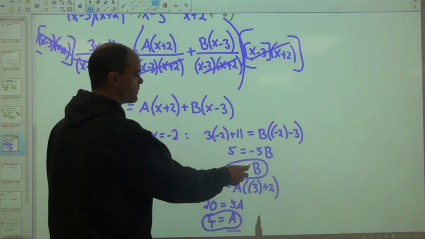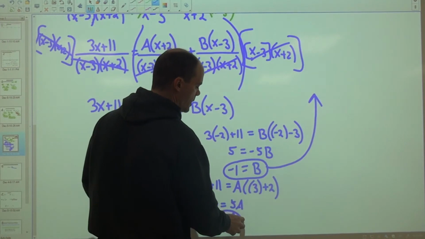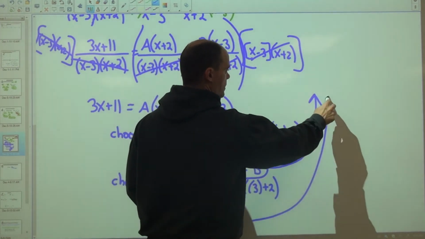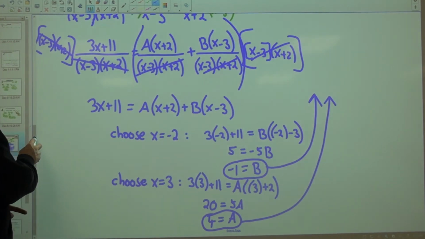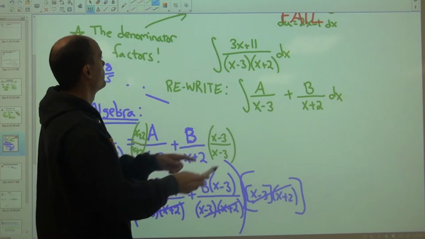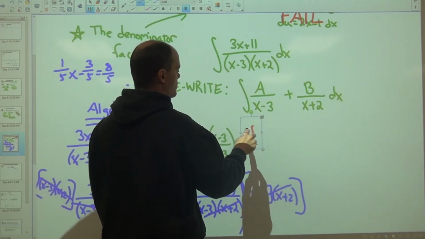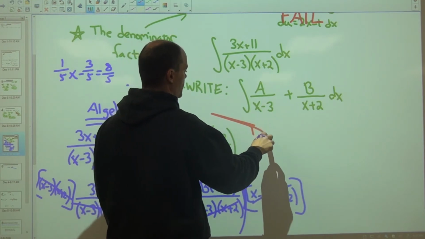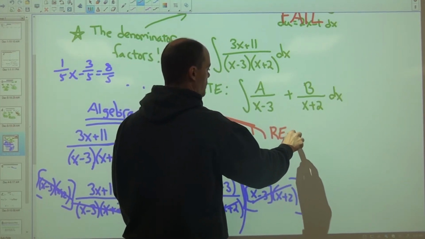So now what can we do? Well, we can go back up and rewrite our integral. So now that I know what a and b actually are, 4 and negative 1, I can rewrite this again. Okay. We're going to leave that on the board for now.